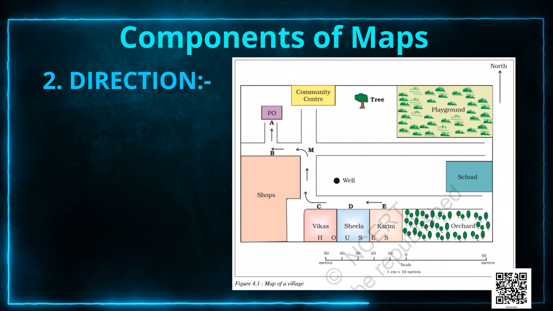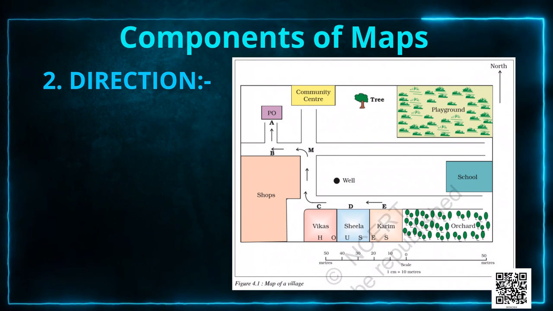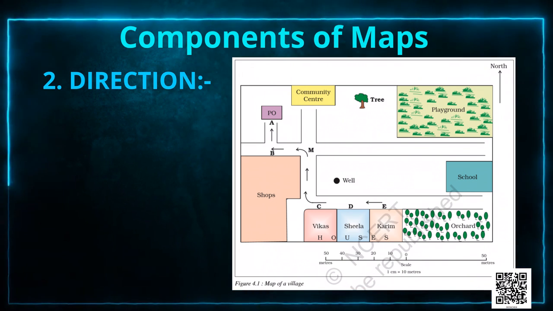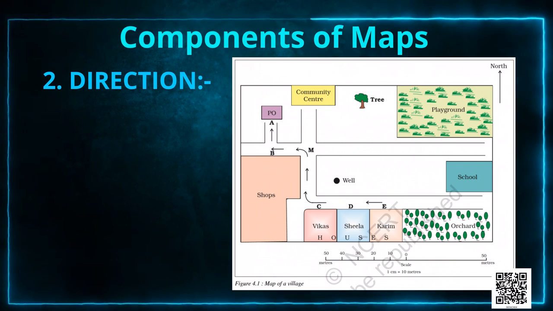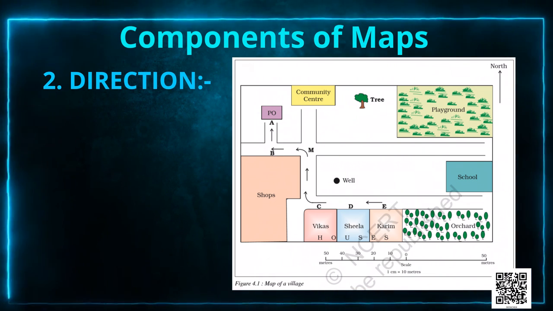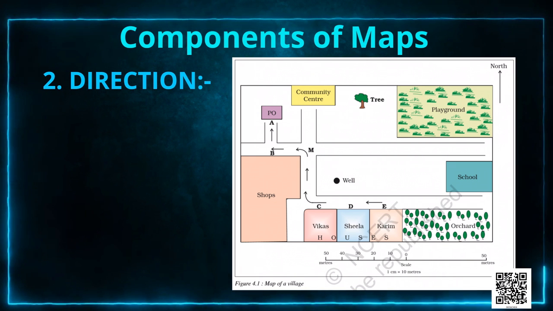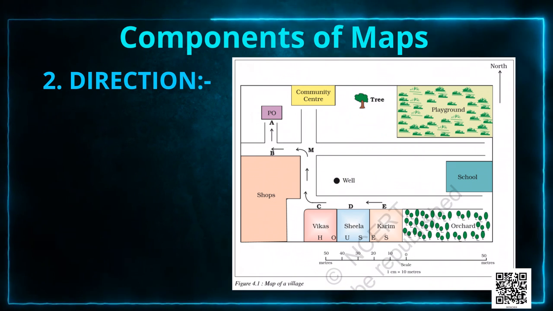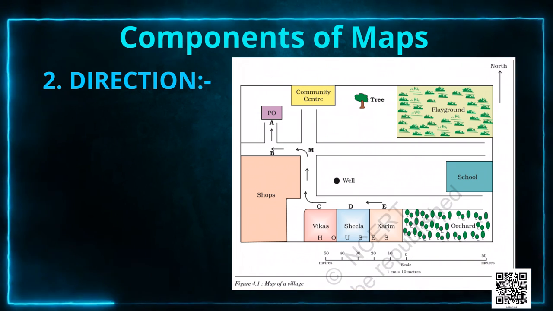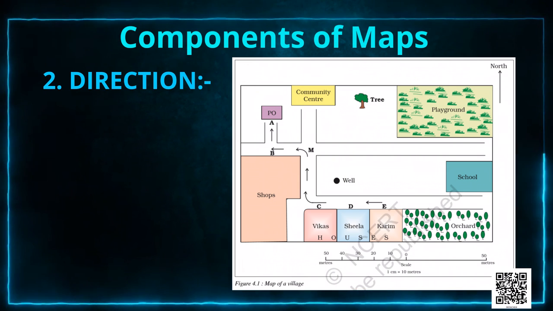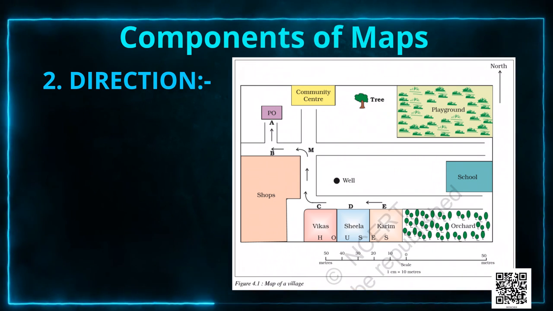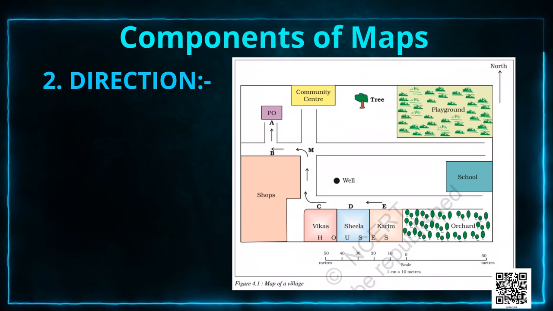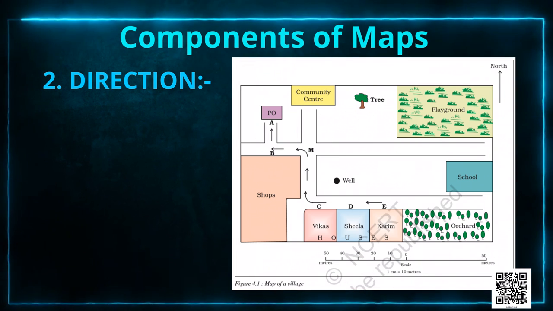Vikas House is in south direction and community center is in north direction. Second, the direction of school from shops. The school is in east direction and shop is in west direction. So students, I hope you will understand the cardinal points and our intermediate directions.